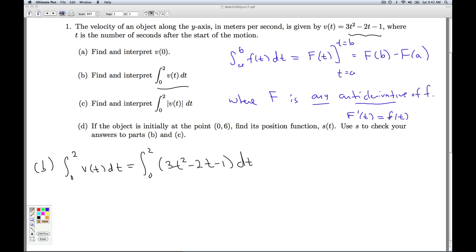Now, the basic properties of the antiderivative are inherited from the properties of derivatives. In particular, the sum and difference rule for derivatives gives us a sum and difference rule for antiderivatives. So to find an antiderivative of 3t squared minus 2t minus 1, I just need to find an antiderivative for each of these terms and then subtract them accordingly. The major formula we have for antiderivatives at this point is the power rule formula.